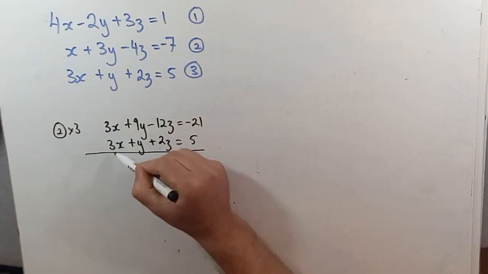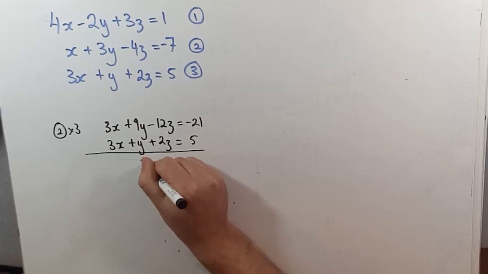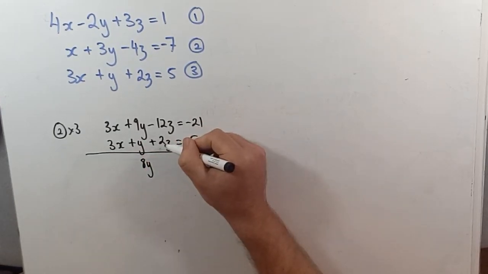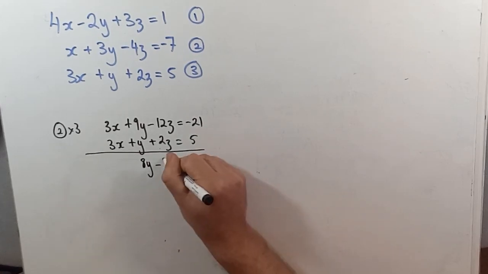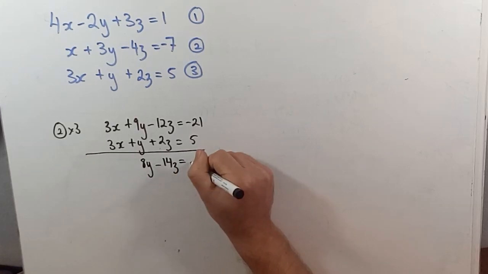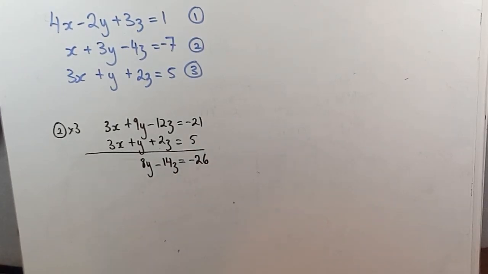What do we get? We get 3 minus 3, 0x, 9y minus y, we get 8y, negative 12 minus 2 is negative 14z, and negative 21 minus 5 is negative 26, and we get an equation.